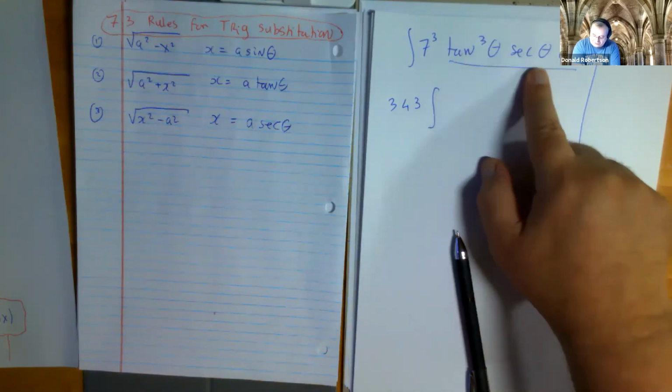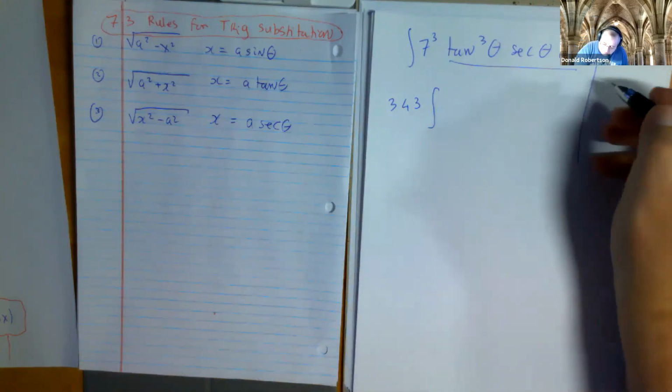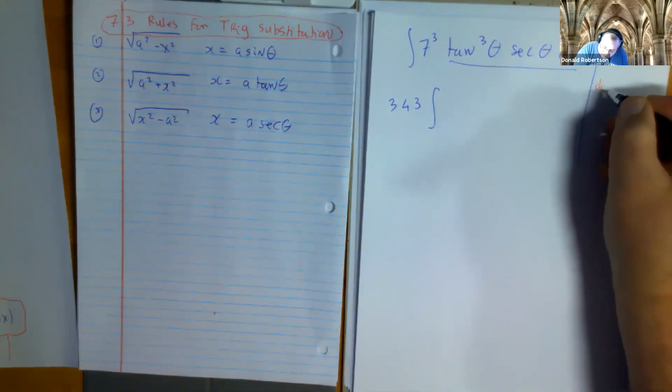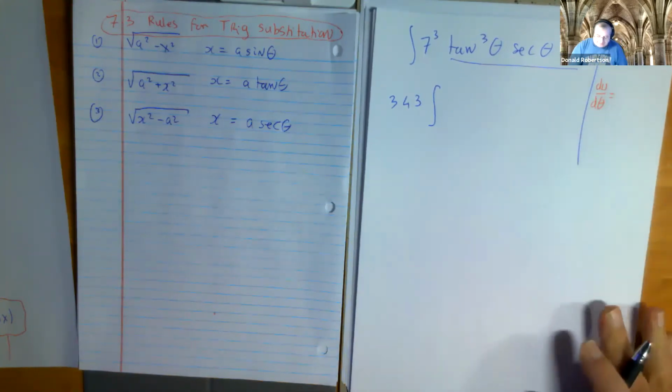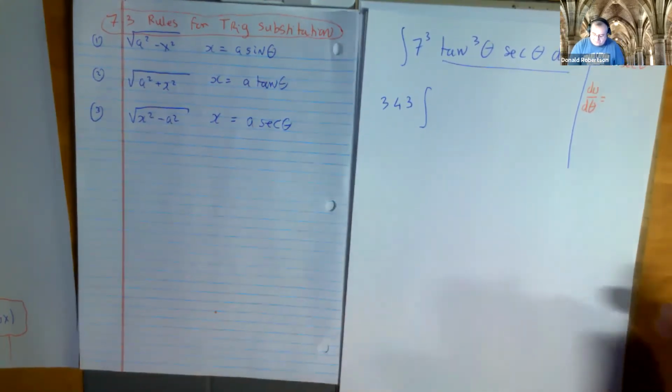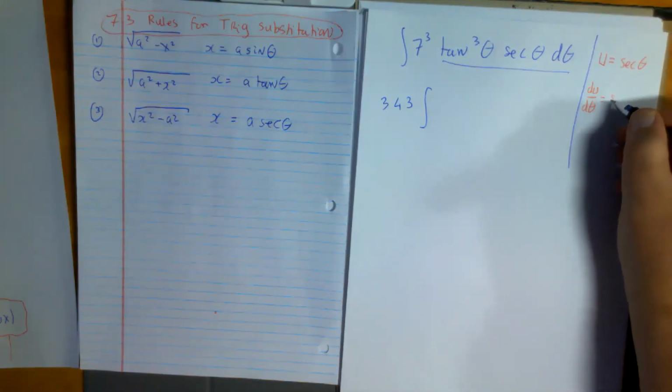Tan cubed secant squared, I would have used the tan. I would have in that case, but not in this case. What's the derivative of secant? Secant tan. Correct.